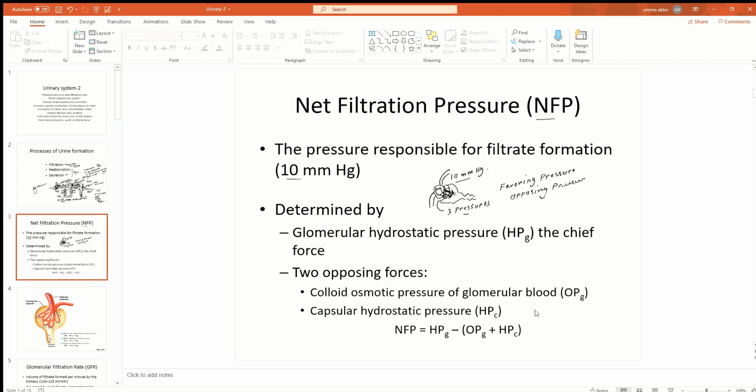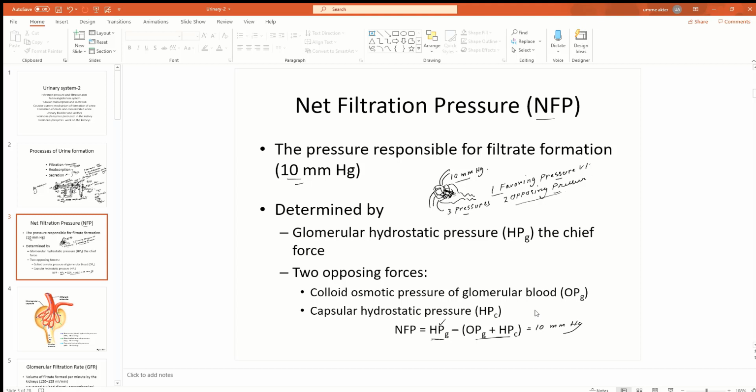Now you can understand, since the difference is 10 millimeter of mercury, this one pressure is 10 millimeter of mercury higher than the combined pressure of these two. So this is one pressure favoring the filtration and these two are opposing the filtration, and the difference is normally 10 millimeter of mercury.